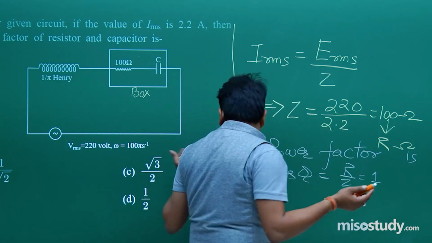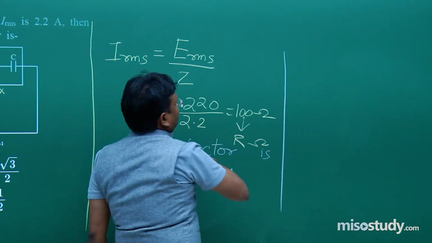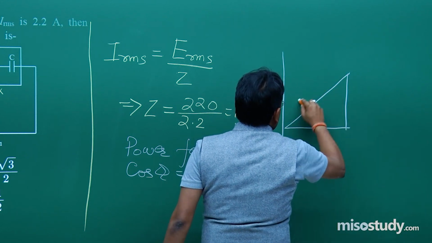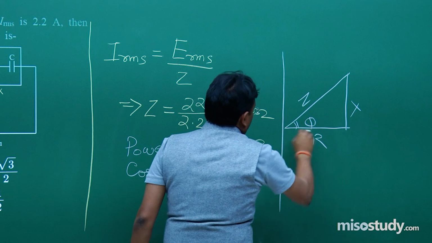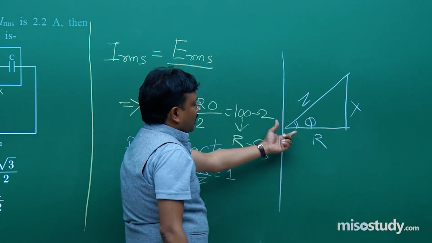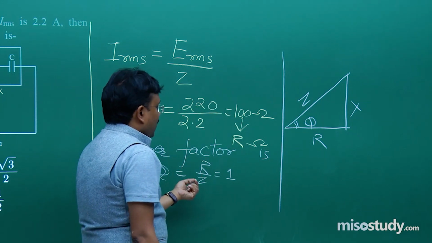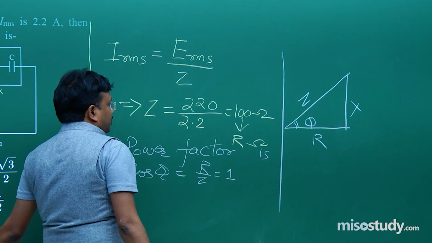I would like to show you in a diagram also this particular situation. Z, R, X, phi. So, that is a symbolic representation of these values, and here I simply applied the formula. So, not a difficult one, very simple question.